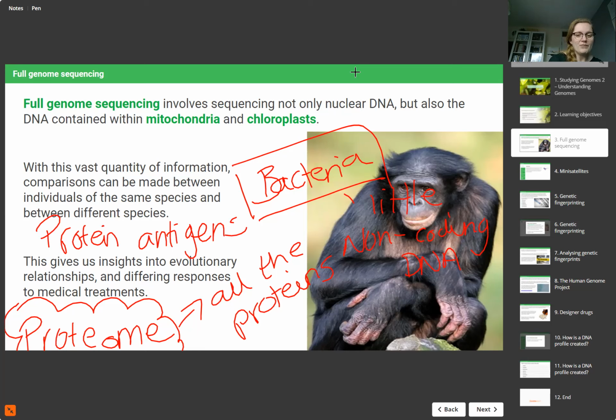If we can find the DNA that codes for them, it can help us develop vaccines to prevent the disease. An example is the Neisseria meningitidis group B bacteria, which causes meningitis B. Sequencing the genome of these bacteria helped researchers identify antigens for use in developing a vaccine against the disease. Really important.